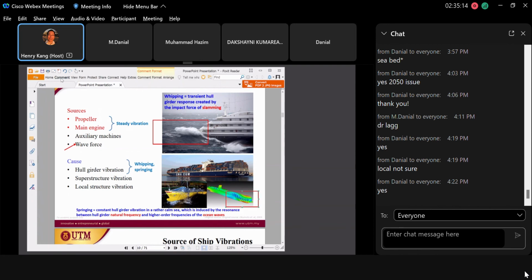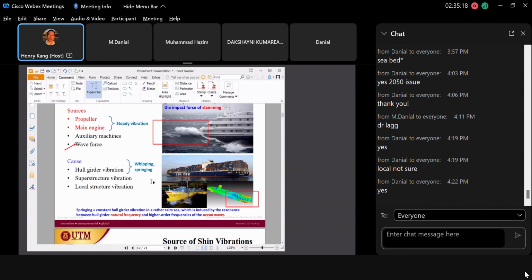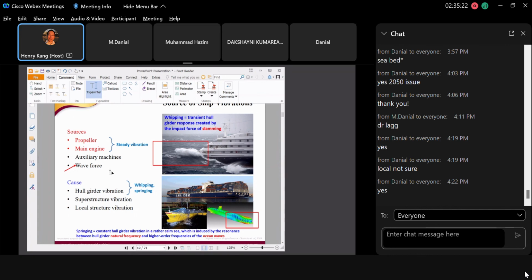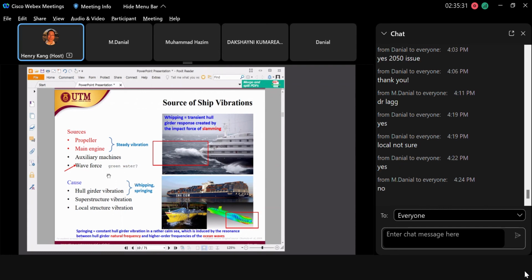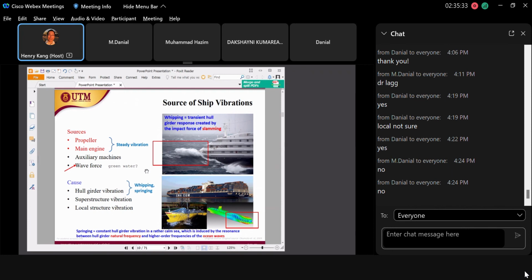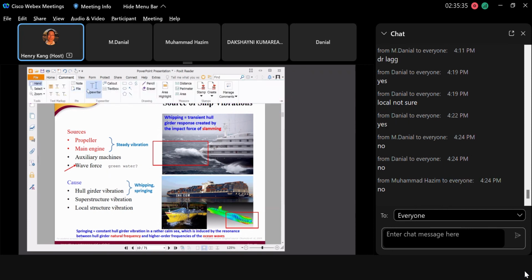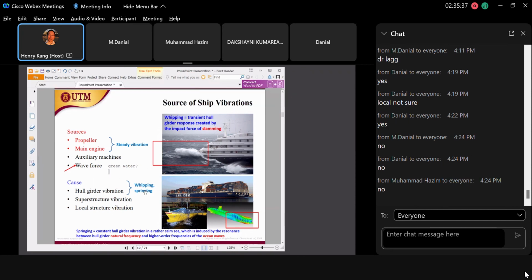And some wave force comes from the so-called green water. Do you know what is the meaning of green water? No? Okay. Green water, in another word, is the water run-up.